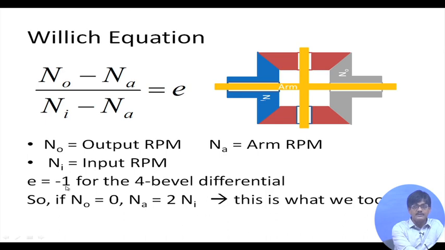If E is equal to -1, and if we keep one of the bevel gears fixed, so I put No equal to 0, for example. I am giving an input Ni, keeping No at 0, and trying to find out the arm rotation.